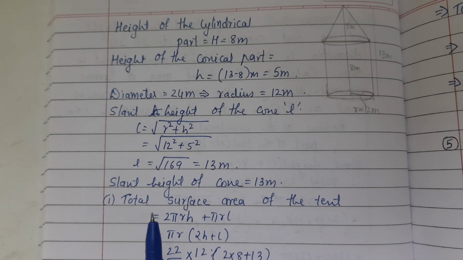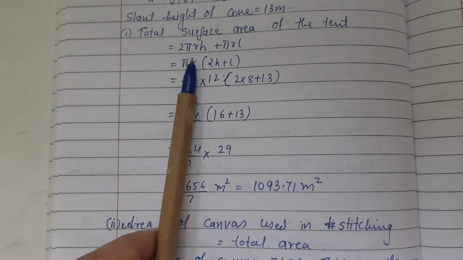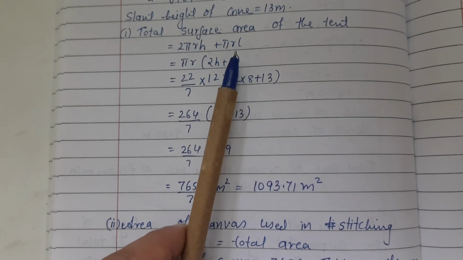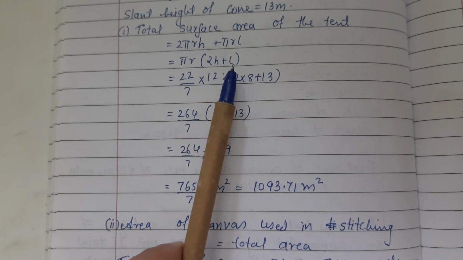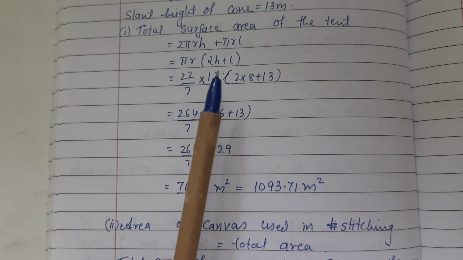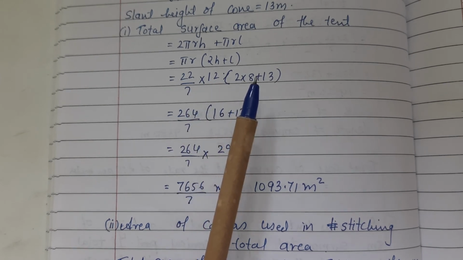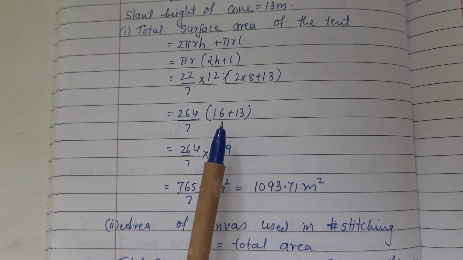First part, total surface area of the tent equal to 2 pi RH plus pi RL. Pi R common, 2H plus L. Substitute the value. 22 by 7 into 12, 2 into 8 plus 13. So 2 into 8 is 16.